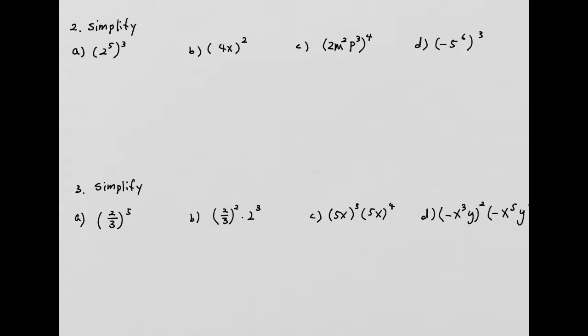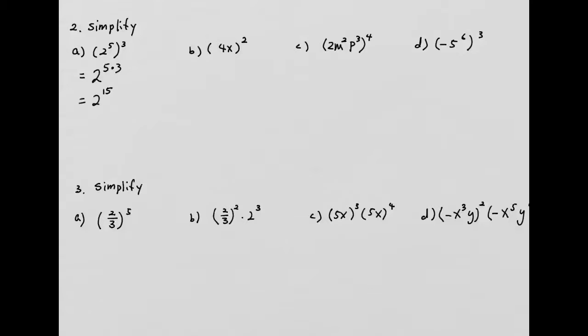What about example 2? Example 2, we're still simplifying. We're going to see if we can apply the rules of exponents. If we have a double exponent, don't forget it's the same as multiplying the exponents. So multiplication, which gives you 15.